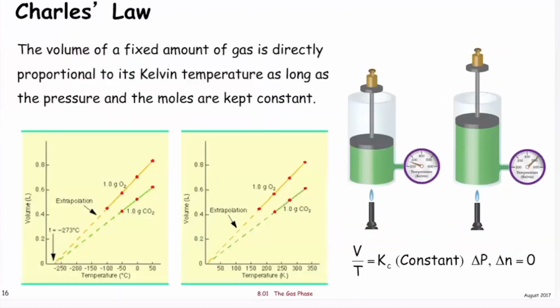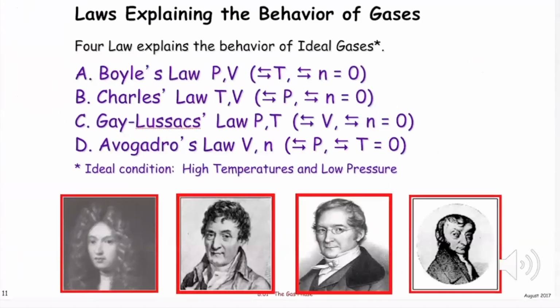Gay-Lussac's law simply tells you, this is Gay-Lussac right here, that there's a direct relationship between pressure and temperature. And that makes sense. If you have a soda can, the carbon dioxide is dissolved in your soda, but there's a certain amount of gas outside.